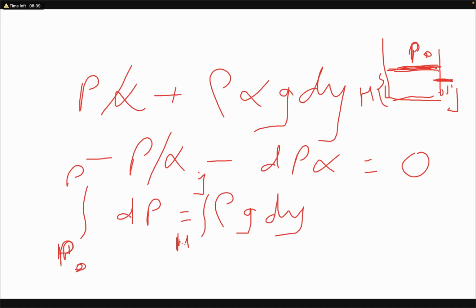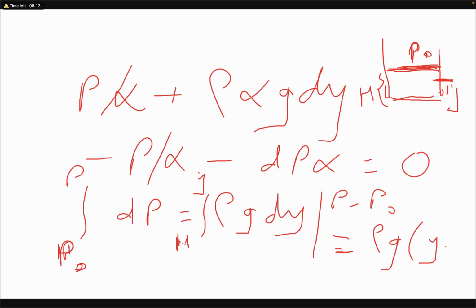What we end up getting, you can see for yourself, is P minus P naught equal to rho g, bracket open, y minus H. Correct?